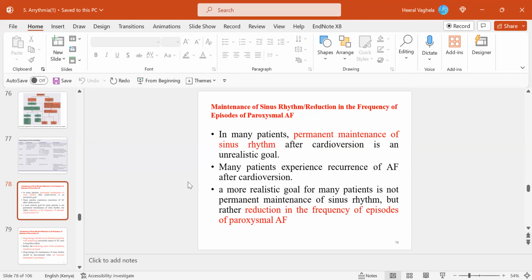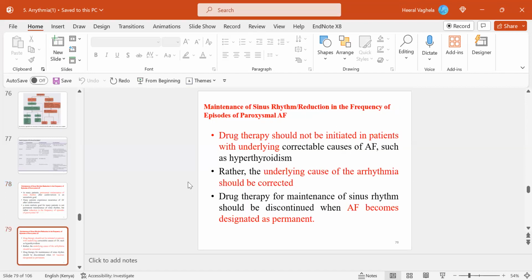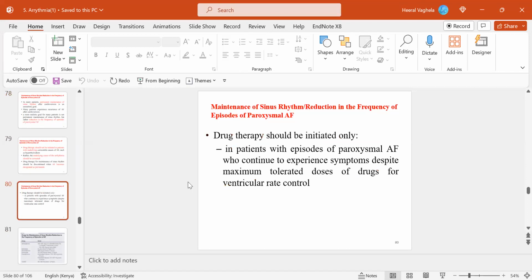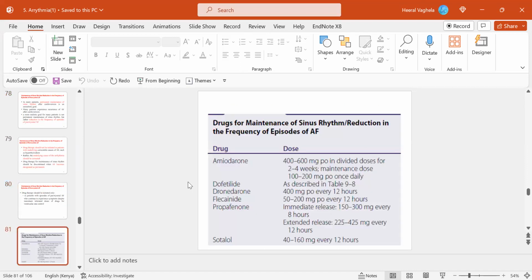Mm-hmm. I want to add that for long-term use, digoxin is effective for ventricular rate in patients at rest.